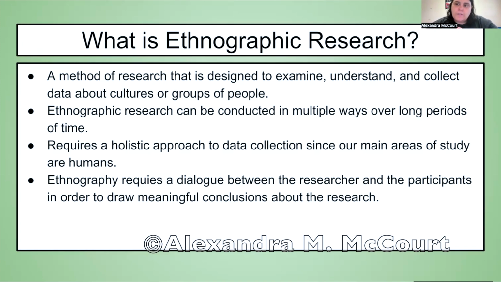But it also requires us to be a little bit more holistic, since the main area of focus for collecting our data is humans. And humans are complicated, they are convoluted, and they are not just one thing. If you've ever been to the doctor and you know something's wrong with you, but the doctor is like, well, according to your blood tests, everything's normal, so you must be okay.